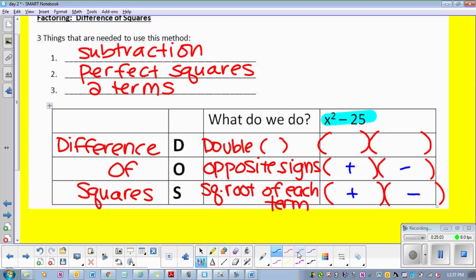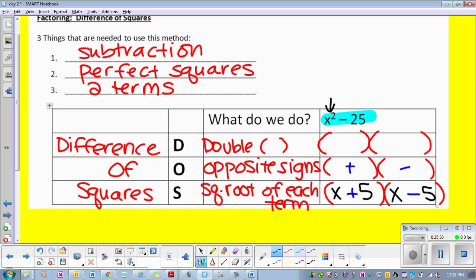X. And that goes in the first spot because x squared is in the first term, right? What's the square root of 25? 5. There we go. X plus 5 times x minus 5. Okay? So that's like a little Cliff's Notes version of that.